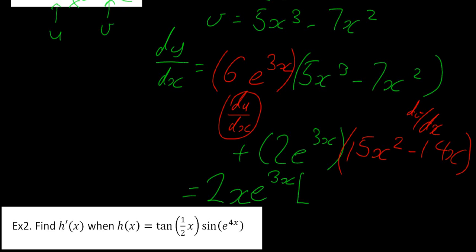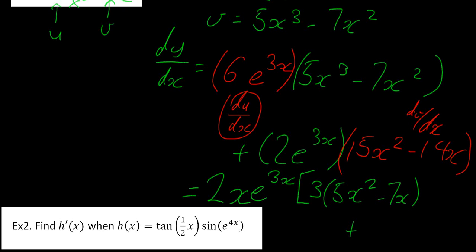Leave this in square brackets because I know I'm going to need smaller brackets from here. And if I take 2x e to the 3x from the first big term over here, I'm going to be left with 3 multiplied by 5x, not cubed anymore because I took a factor of x out but squared, and 7x squared turns into 7x.